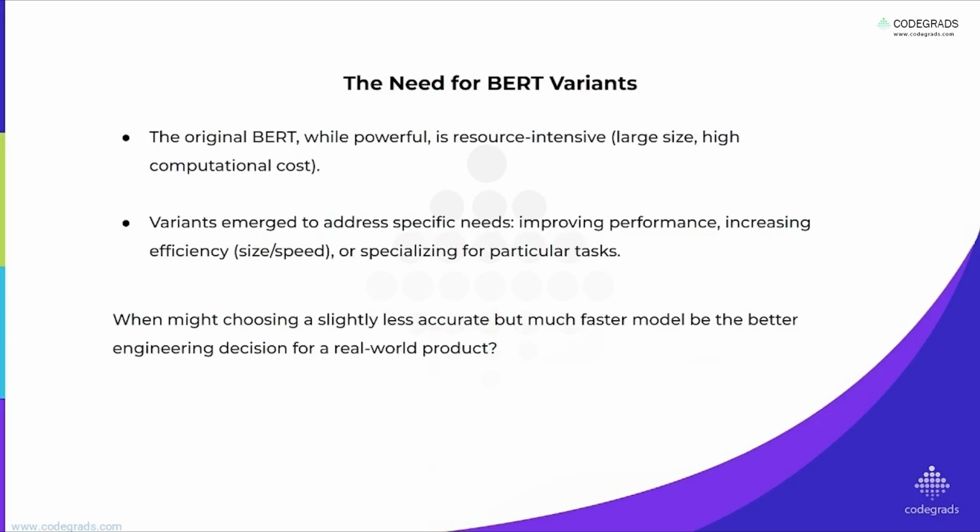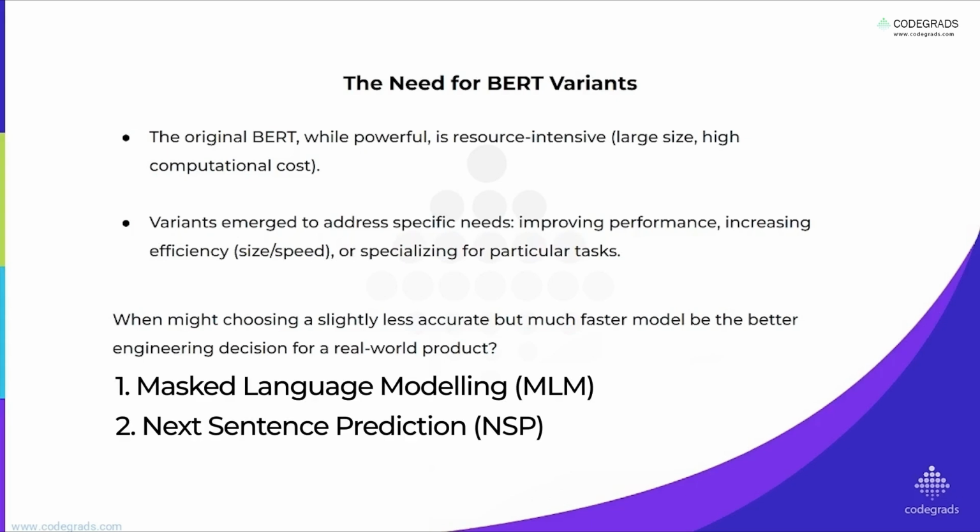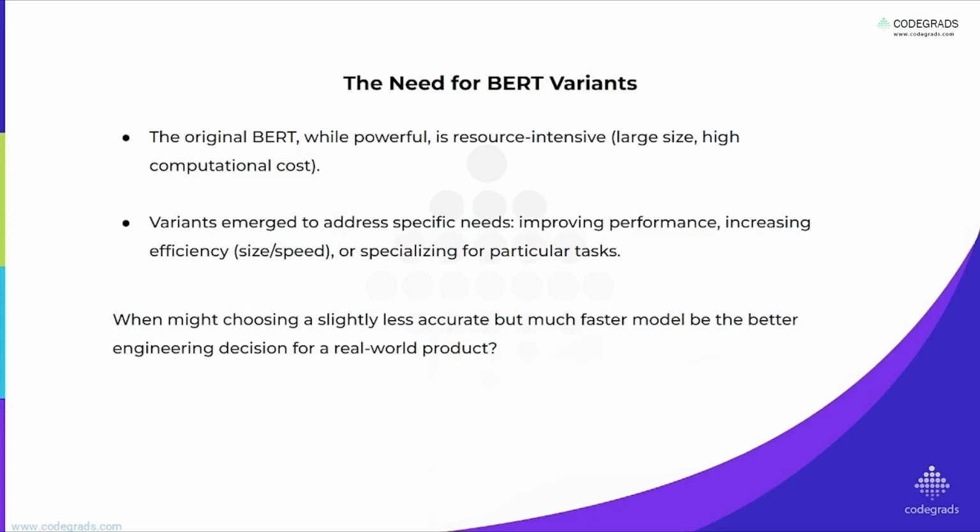Now the need for BERT variants, but we can also see the working first. BERT is trained generally with two main tasks. First one is masked language modeling, that is MLM, and second one is next sentence prediction. In masked language modeling, random words are replaced with masks, and BERT tries to predict the missing word using the context.